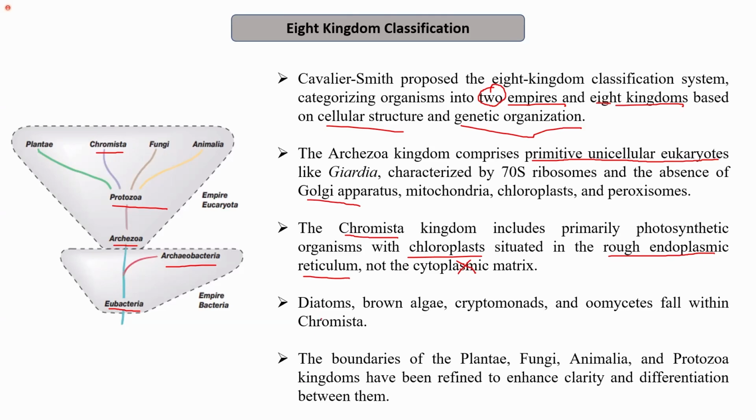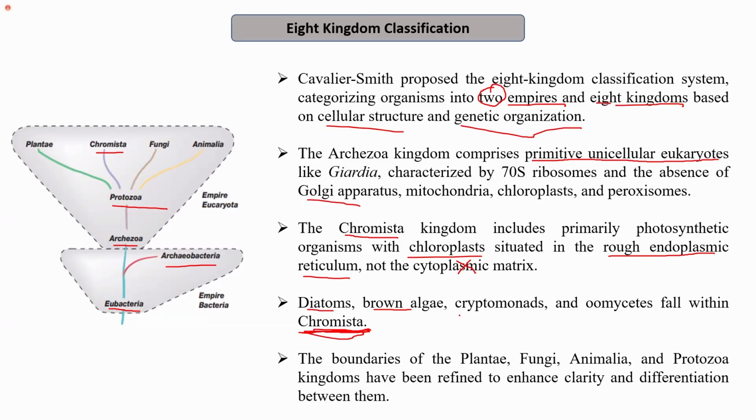Based on this classification, organisms like diatoms and brown algae, which as I mentioned were earlier placed into the kingdom Plantae, were now placed into the kingdom Chromista. So now, with the addition of the new kingdom Chromista, there is a better classification of the system into better groups.